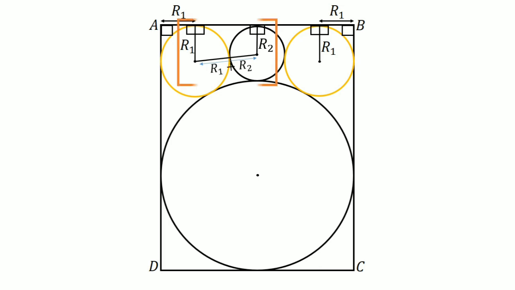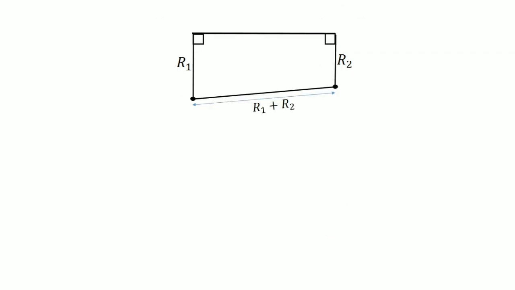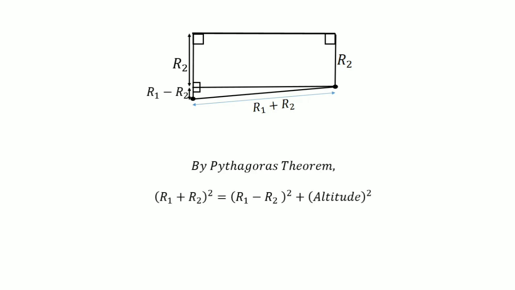Now looking at this figure, it is a trapezium, so if we drop a perpendicular to the base, this side is R2 and this side is R1 minus R2, and using Pythagoras theorem, we have (R1 plus R2) whole square is equal to (R1 minus R2) whole square plus altitude square.